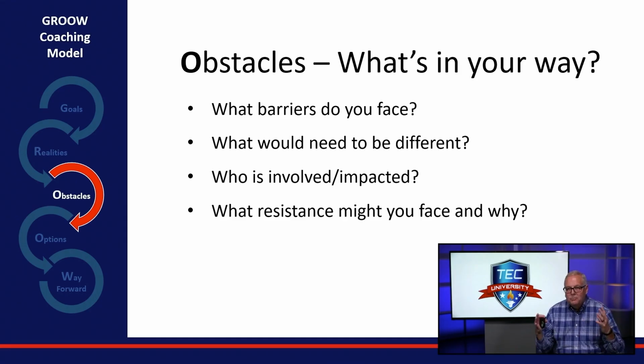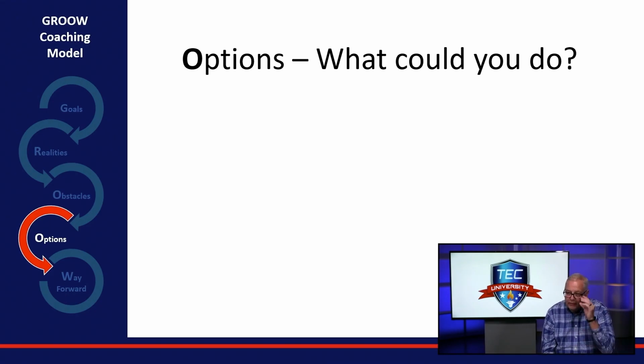So we really want to spend some time thinking about those obstacles between our goals and the current reality. Once we have those in mind, now we're ready to start thinking about options. And in the GROW model that we're using here, you'll notice we have two O's in there. Oftentimes you'll see GROW models out there in the literature that just have one O, and they typically don't cover the obstacles. They have options.